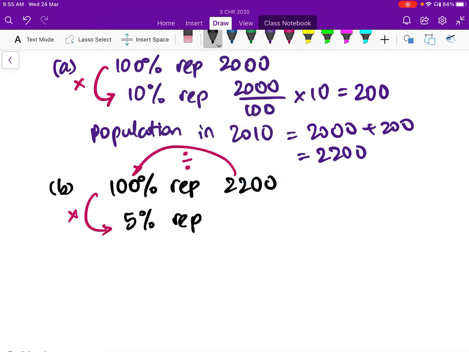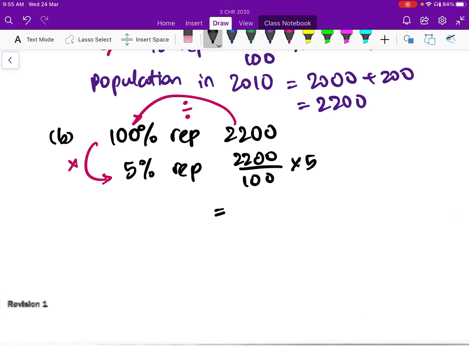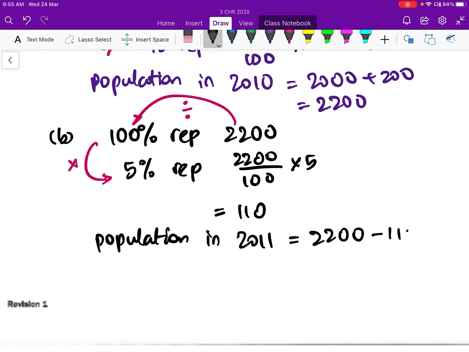So 2200 divided by 100 times 5. So 22 times 5, we get 110. It reduced by 110. So population in 2011 will be 2200 minus 110. Yes, 2090. So that's our population in 2011.